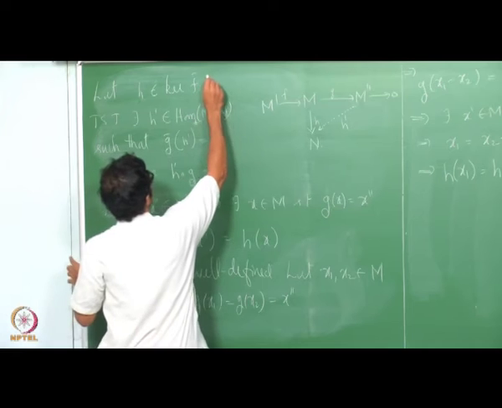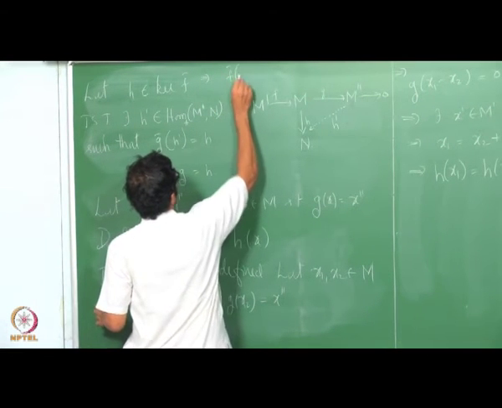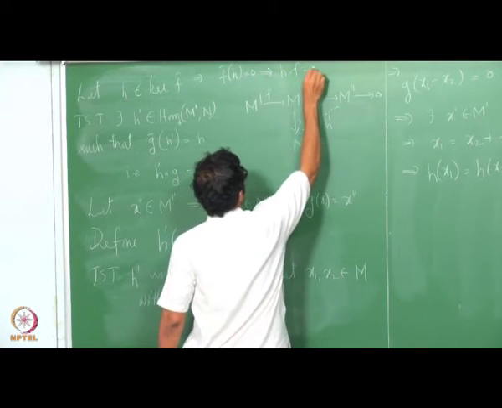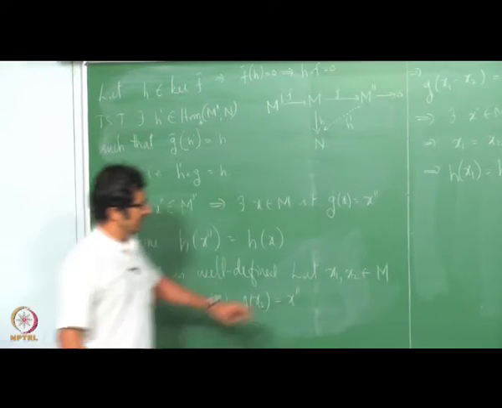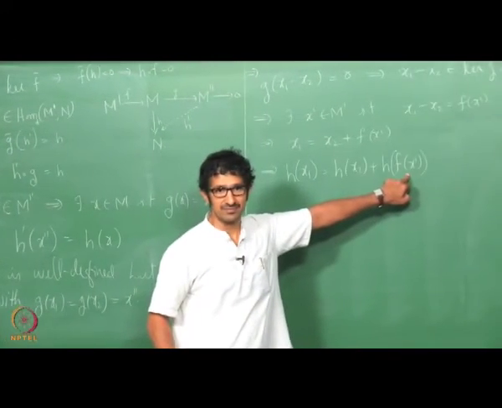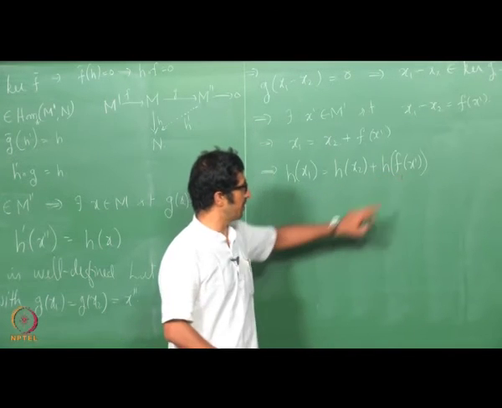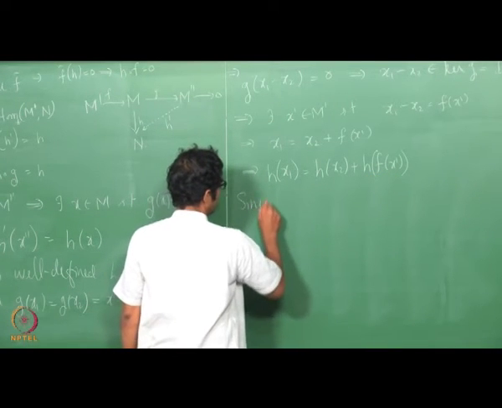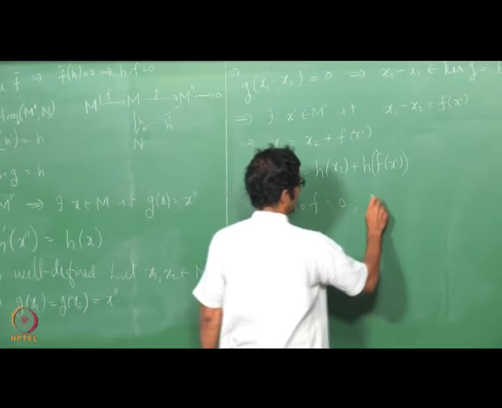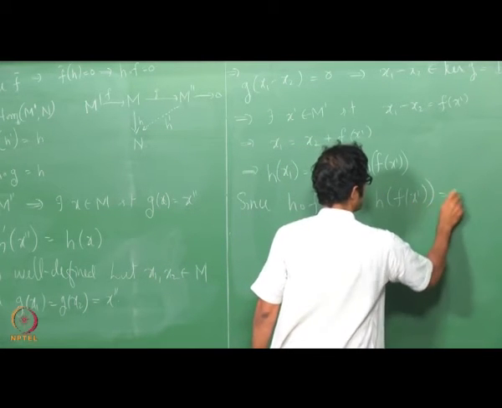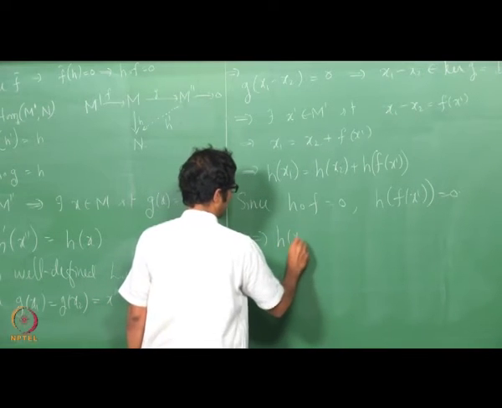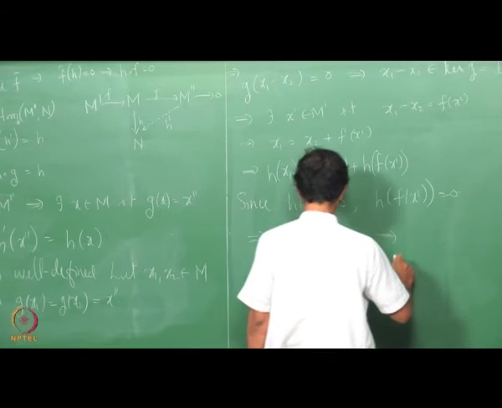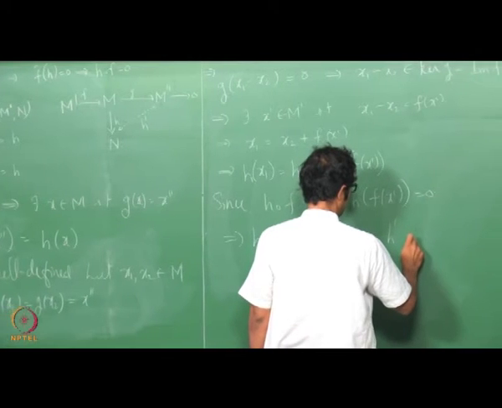This means that f bar of h is 0, or in other words, h composite f is 0. And what is this now? This is h composite f of x prime, which has to be 0. Since h composite f is 0, h of f of x prime is 0, and that implies that h of x1 is equal to h of x2, and that implies that h prime is well defined.